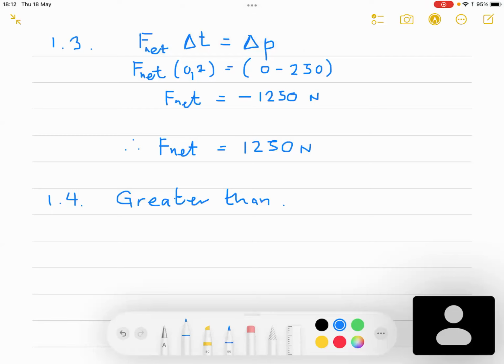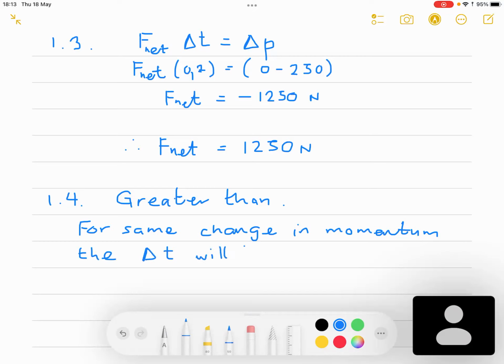The reason for that is you've got the same change in momentum. So I'm just going to write here, for the same change in momentum, the stopping time, I'm going to call it the delta T, will be smaller, because if you're landing without bending your knees, you're going to come to a stop much quicker than if you bent your knees and went down.